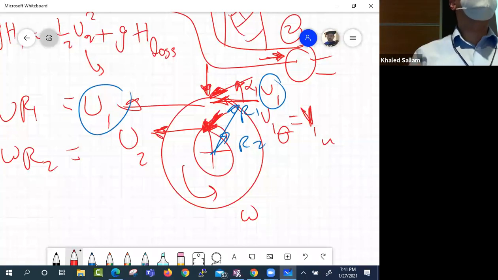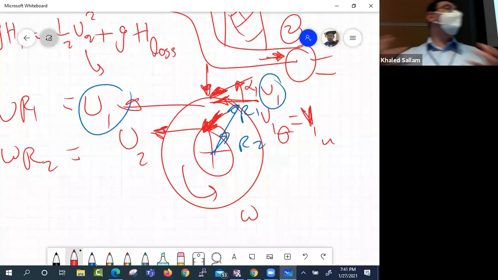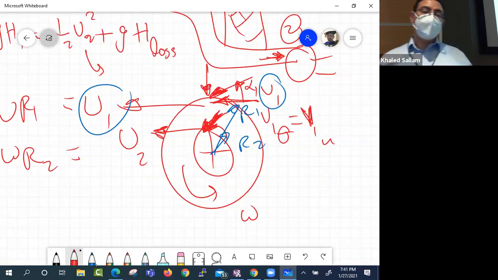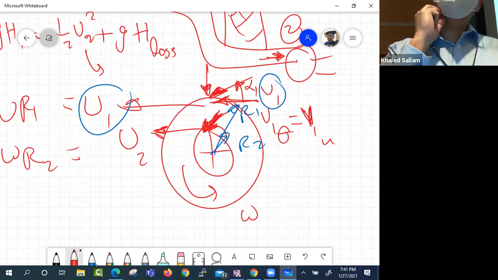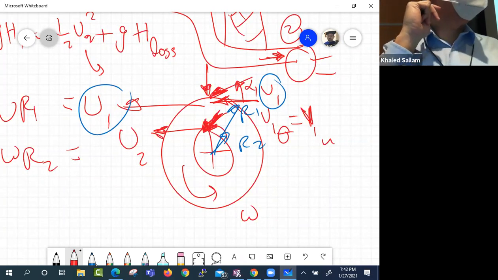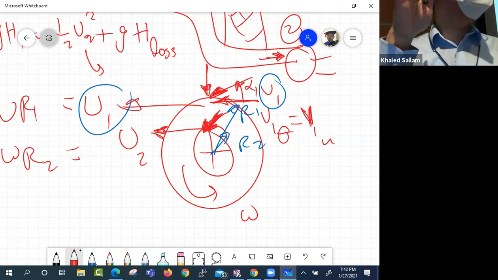Think about the purpose of this turbine. The purpose of this turbine is to extract all the angular momentum from the flow. So ideally you want V2 to be radial. You want to take every bit of angular momentum it has.